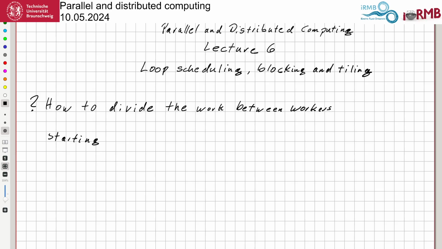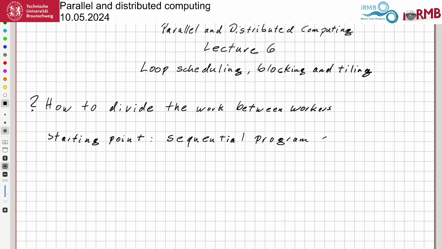Our starting point is a sequential list. We start from a sequential program, saying that in principle we could do all of this in our spaghetti code.